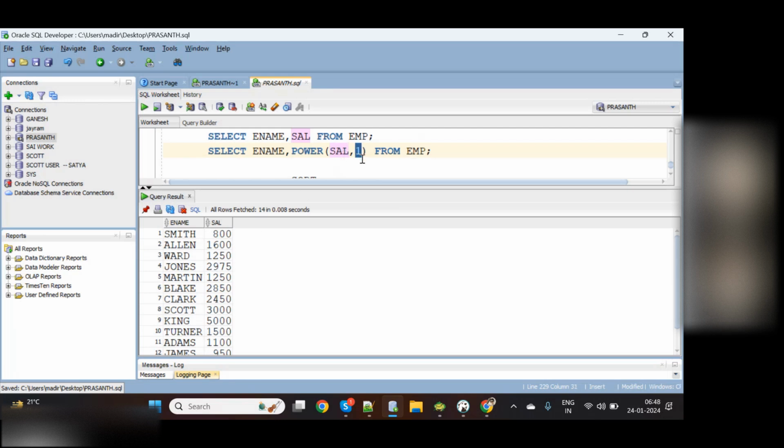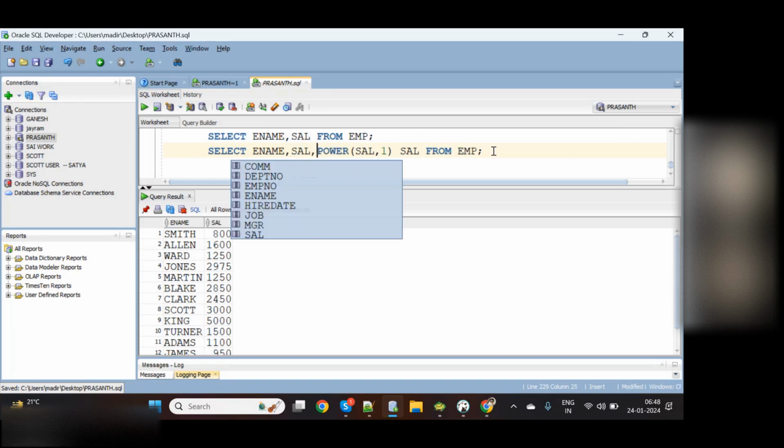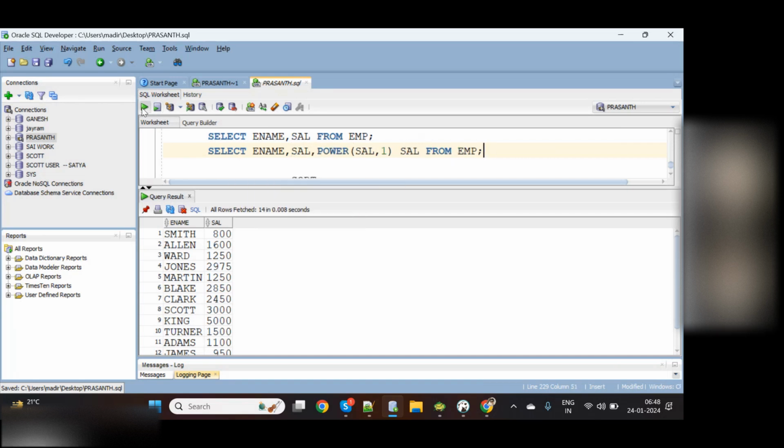So sal power 1 will give only sal out. That means for every row, you are getting one value. That is meant by a single row function.